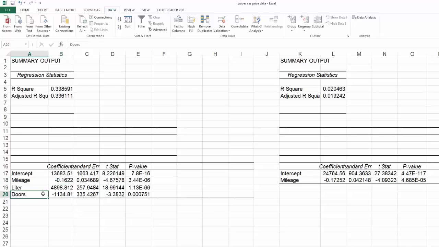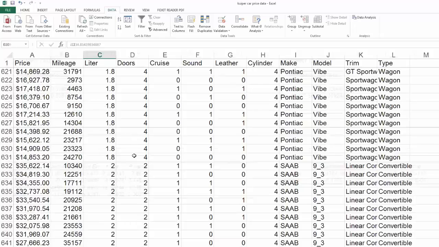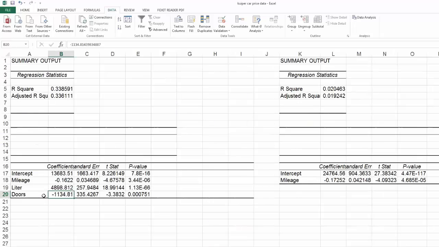I go to doors here. I see it's negative. So again, we talked about that interpretation. And it's 1134. And again, those only vary between having 4 doors and 2 doors. When the door is variable, it's going to be a little weird to talk about it this way because these coefficients represent a 1-unit increase in your independent variable and what that does to the dependent variable.